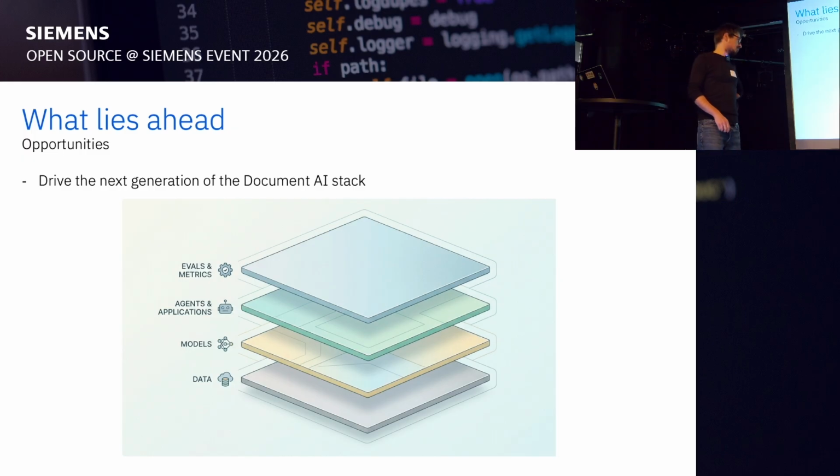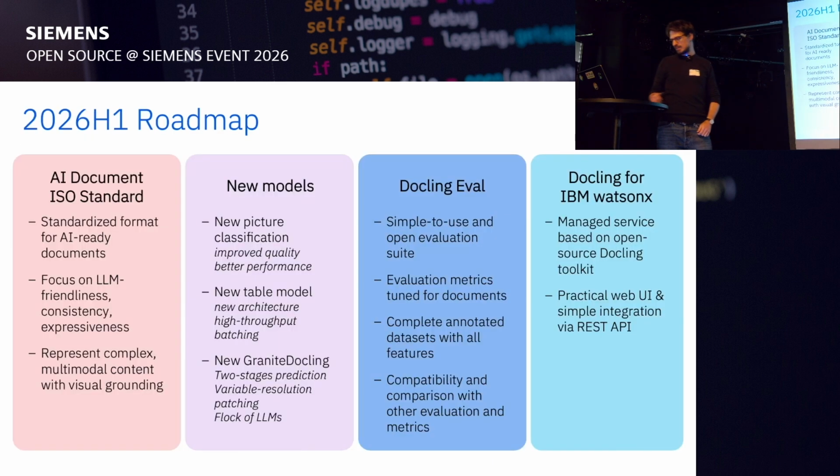And essentially from the data model all the way to the models, to the agents, and to the evaluations and metrics. And that's what I will be shortly talking about and closing with in the next slides, essentially our agenda, our roadmap for the months to come, which is addressing these aspects.